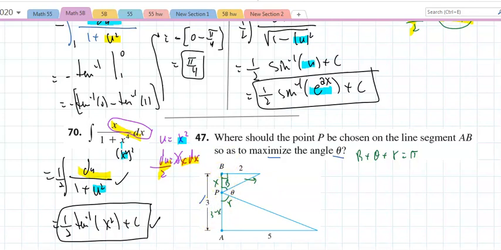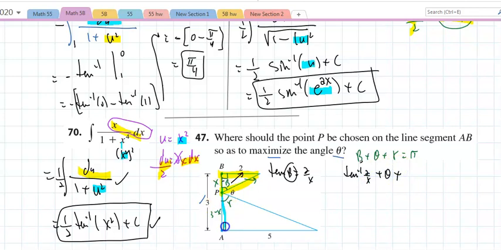So this is a triangle. If I have the angle beta, that's the opposite and that's the adjacent. Wouldn't you say tan of beta equal 2 over x? And what would beta equal? Isn't that inverse tangent of 2 over x plus theta plus?